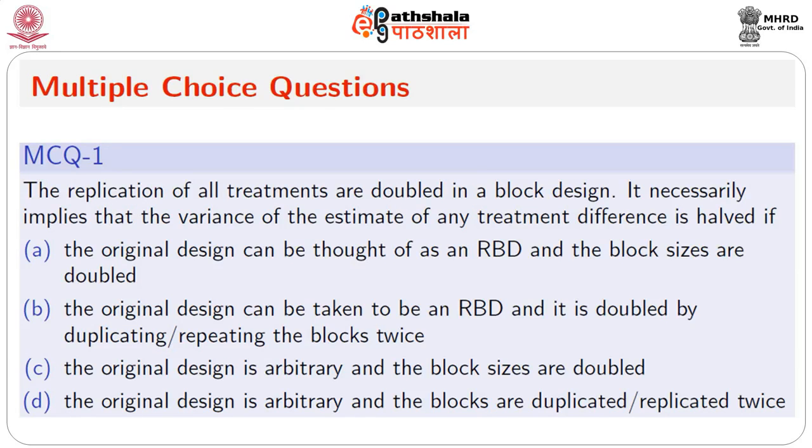The first one is: the original design can be thought of as an RBD, that is randomized block design, and the block sizes are doubled. Very good. Suppose you have an RBD and all the block sizes have been doubled, and incidentally, in the process, the treatment applications have been doubled as well. Yes, sir. So, is it an example of a case where the variances of the estimated treatment differences are halved?